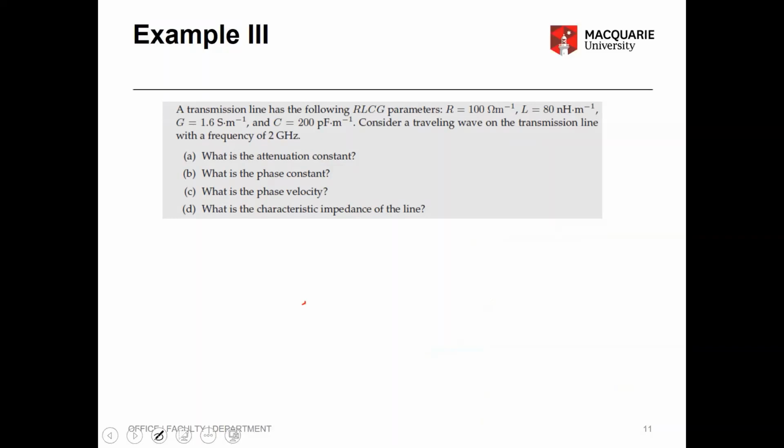So the propagation constant is gamma equals alpha plus j beta, which is the square root of (R plus j omega L) times (G plus j omega C). Now R, L, G and C are given.